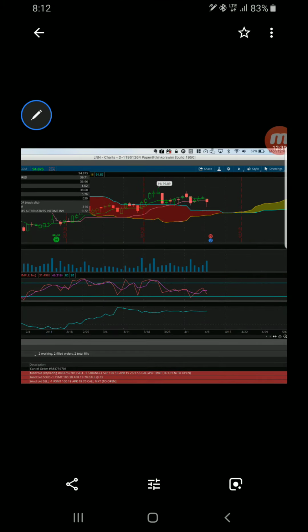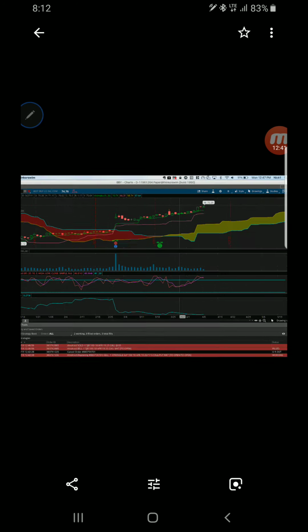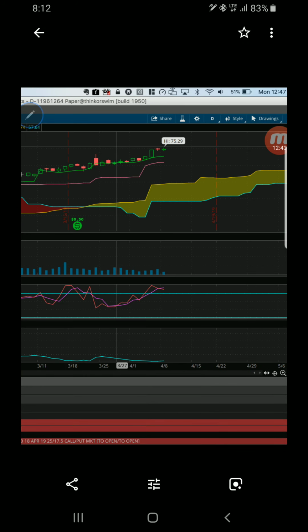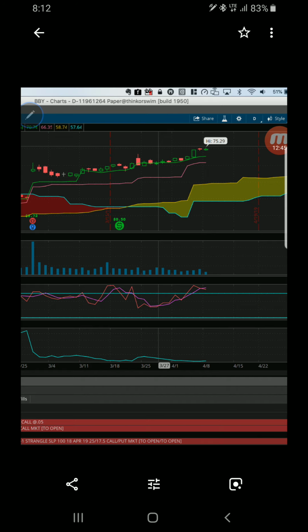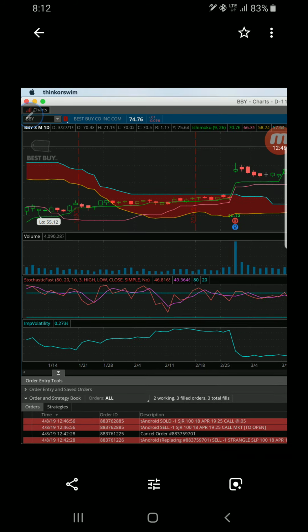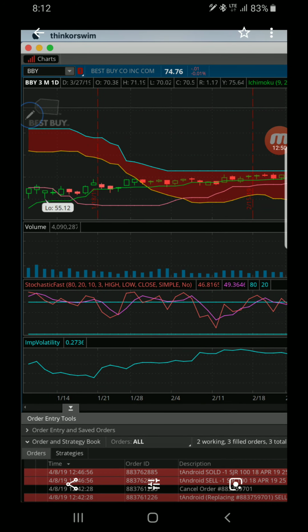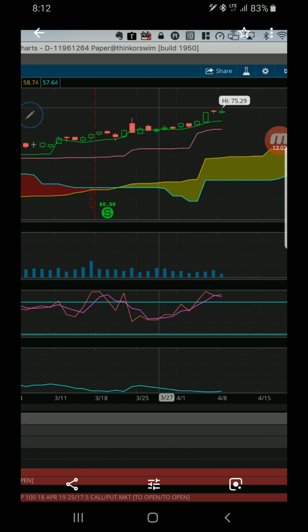So again, we want clear, consistent Ichimoku readings. This would be a clear, consistent Ichimoku reading. Let's see what we got here. If this doesn't show positive, then this really casts Ichimoku into doubt. Not that it's going to work every time. We're hoping for at least maybe a 60% success rate, but this looks like a very bullish setup.